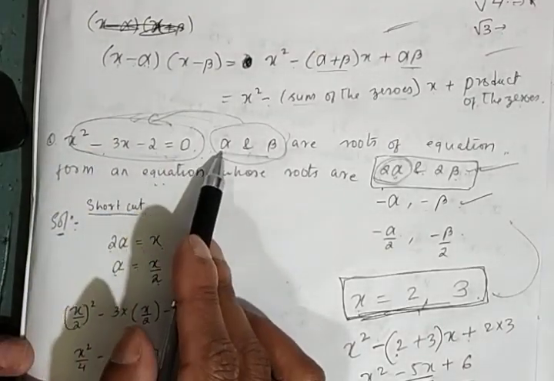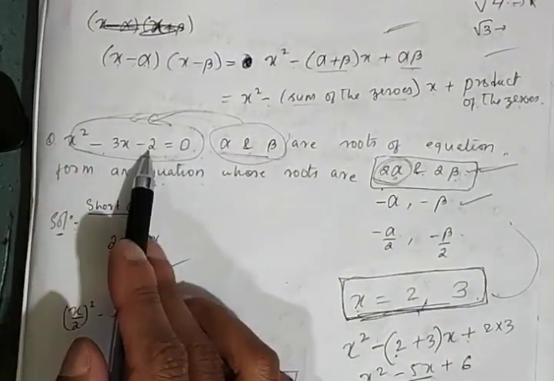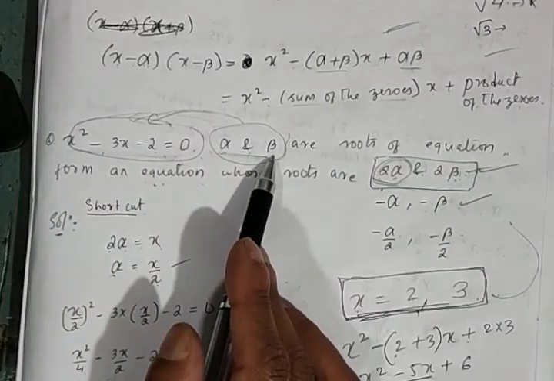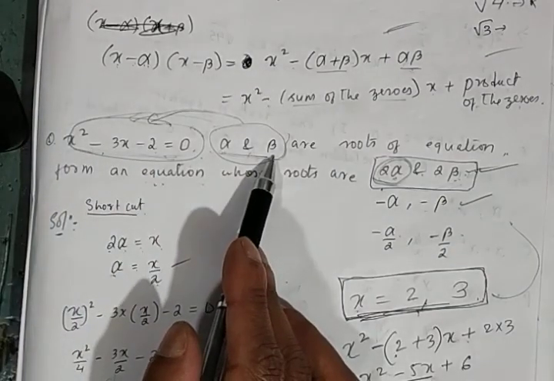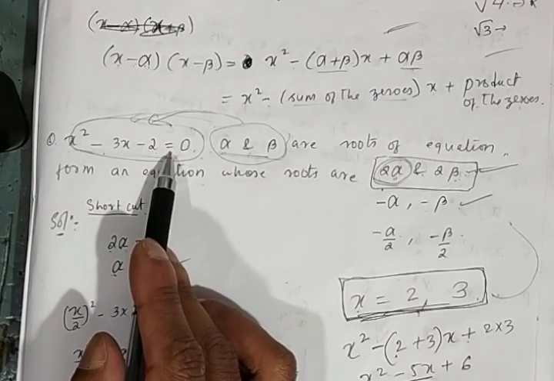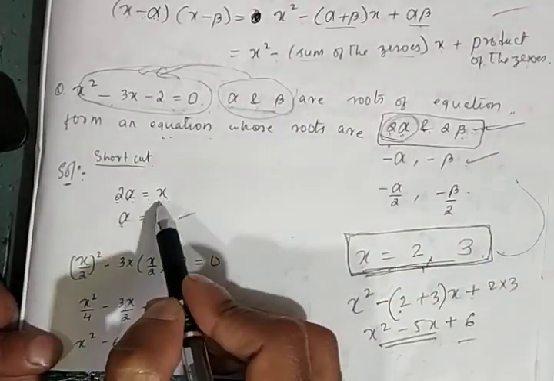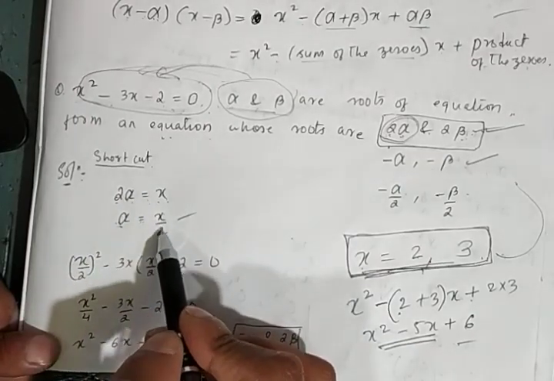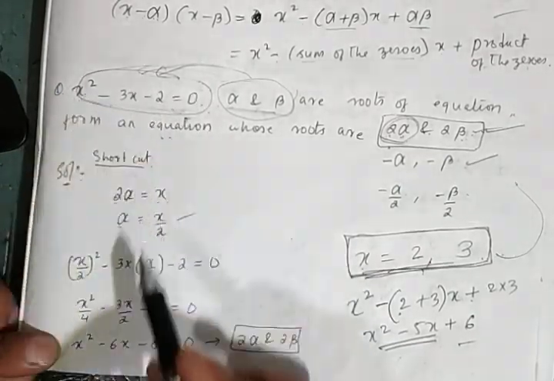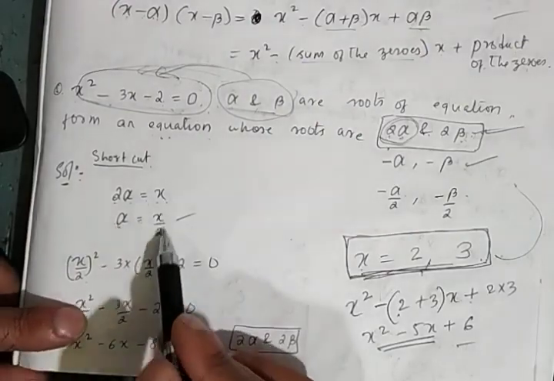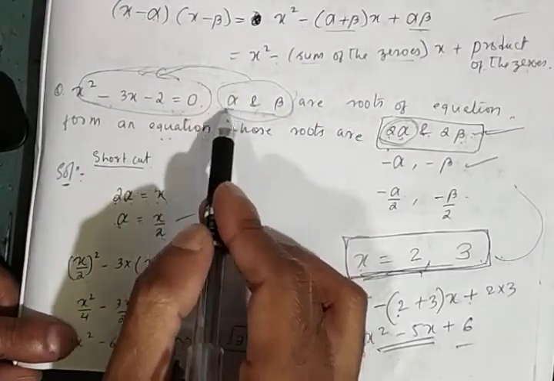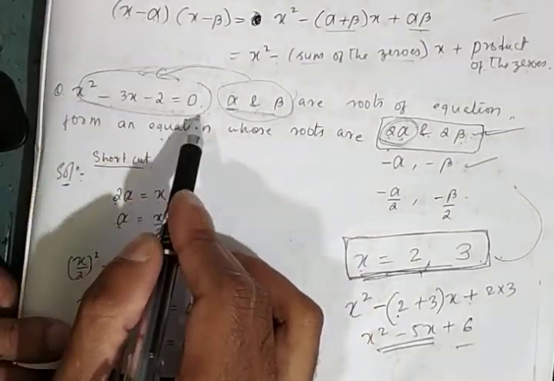Yes, alpha is a value of x and beta is also a value of x. Alpha and beta are the solutions. Solution means the value of x. Now what have I done here? I have made 2 alpha equal to x and alpha equal to x by 2. And wherever there is x here, I am going to replace it by x by 2, because alpha is x by 2. Alpha is a solution of this equation, right?